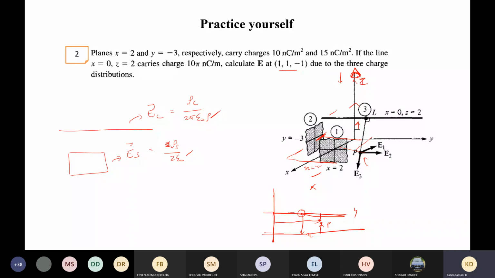We also have to consider the perpendicular vector, because it is not along any particular axis. Work this problem out and you will get the answer. That's all.